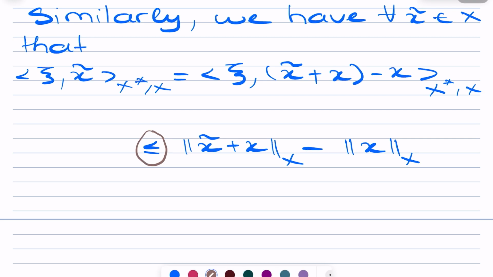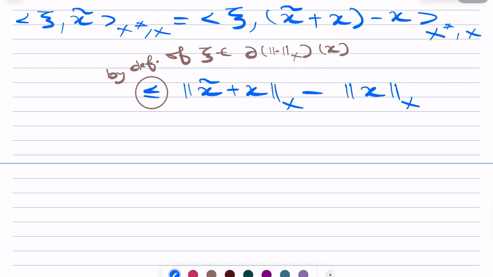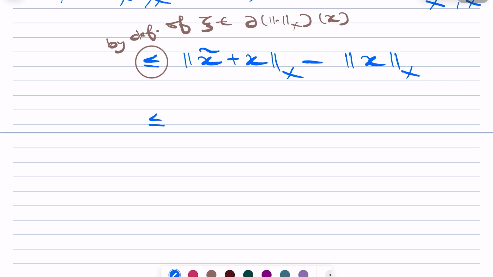So this is by definition of xi being an element of the convex subdifferential of the norm function at the point x. Now, if you use the triangle inequality, then you see that this is less or equal than the norm of x tilde in x. So this is the triangle inequality.